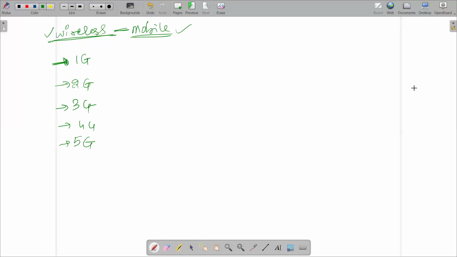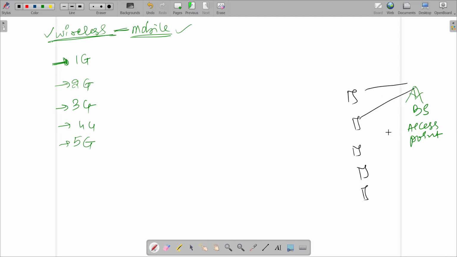Simple thing is that the base station acts as an access point, and many mobiles access the base station. One base station can provide communications to hundreds of mobiles. Of course, if it is 1G, only one user.